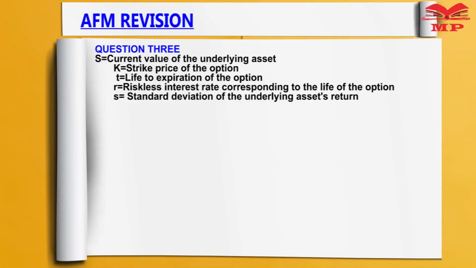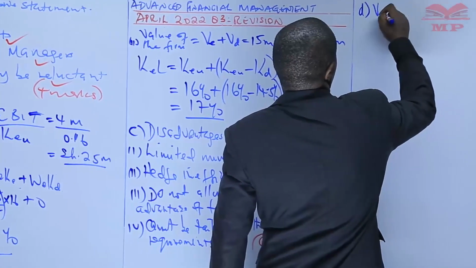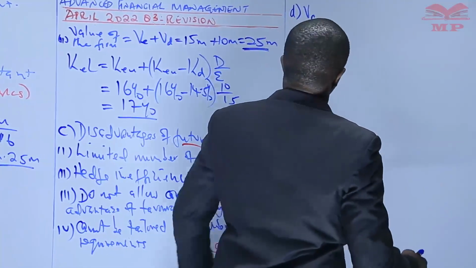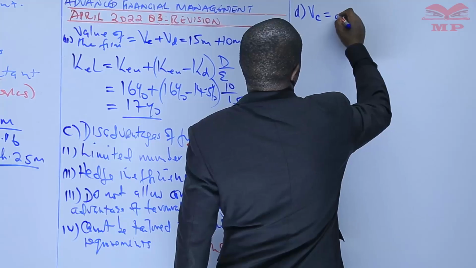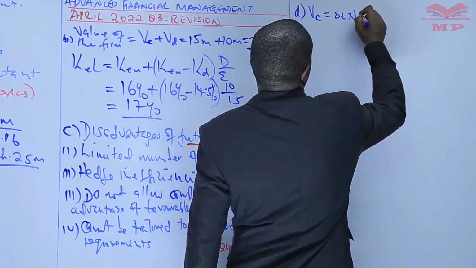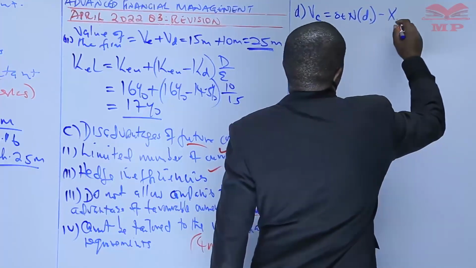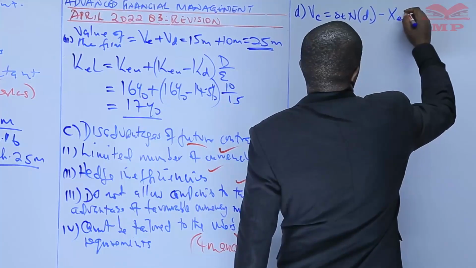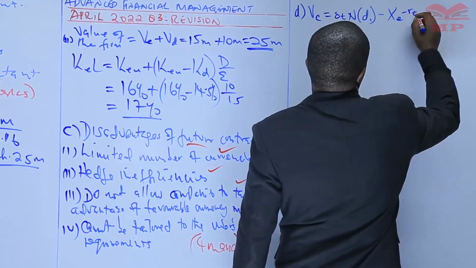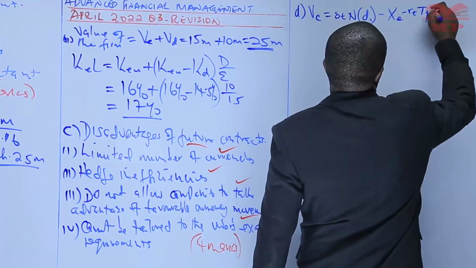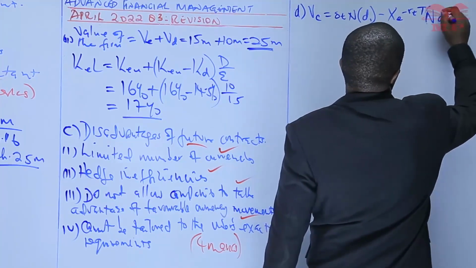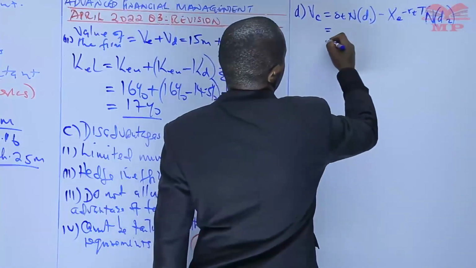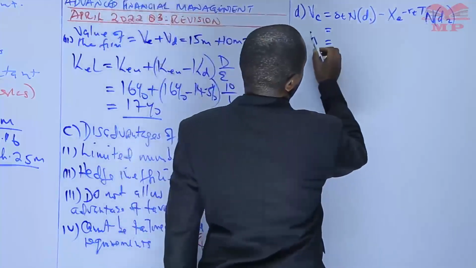The formula is given for the value of a call, that is D, which is equal to the share price times N(D1) minus the strike price times e to the negative RT times N(D2). That is the formula for the value of a call.